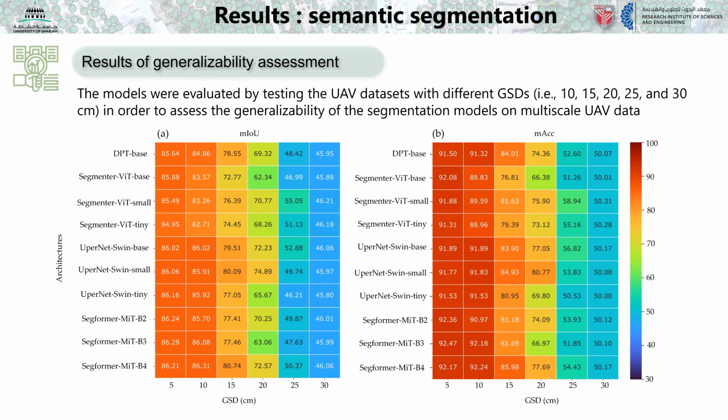We can see that all the models maintain almost similar accuracy when applied to 10 centimeter images. However, the accuracy decreased by 11 to 23% when applied to a dataset with a spatial resolution of 20 centimeters.